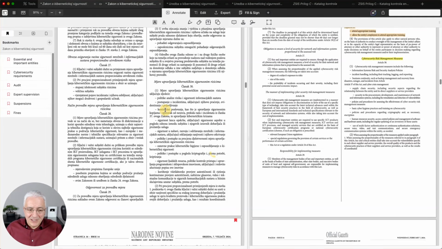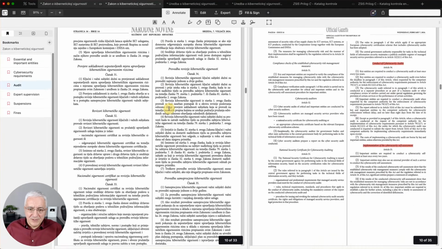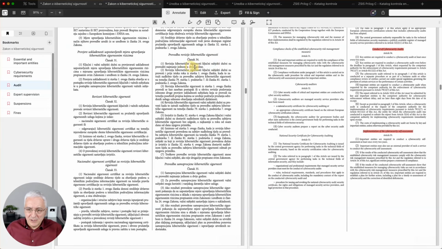Now, these are very high level. As you will see in the implementing regulation, these measures are much more detailed. And then as we move forward, you will see that there are some requirements related to the audit of cybersecurity and also self-assessment of cybersecurity. You will notice in the English version that these are marked in red.